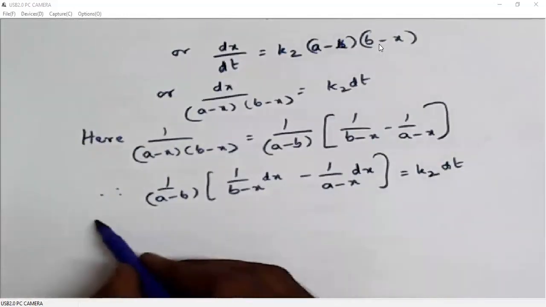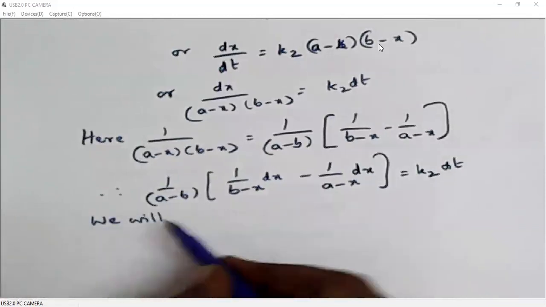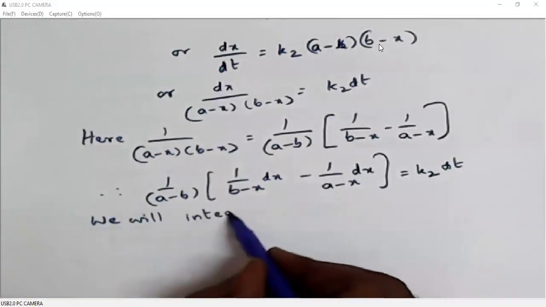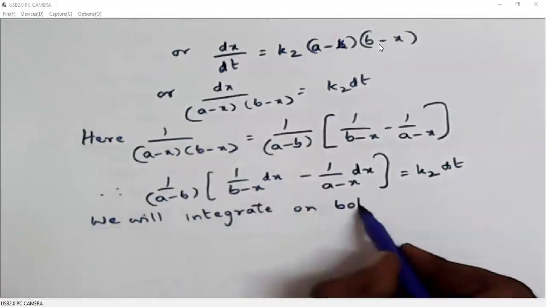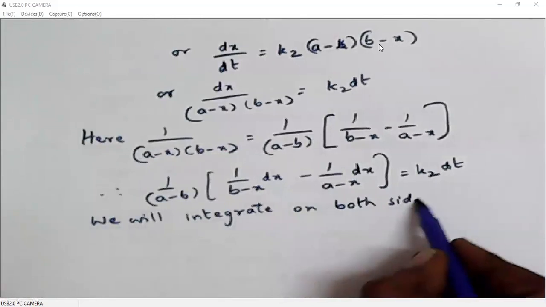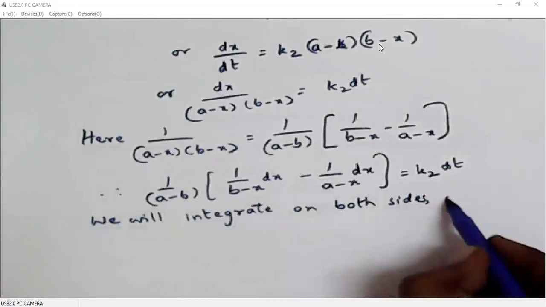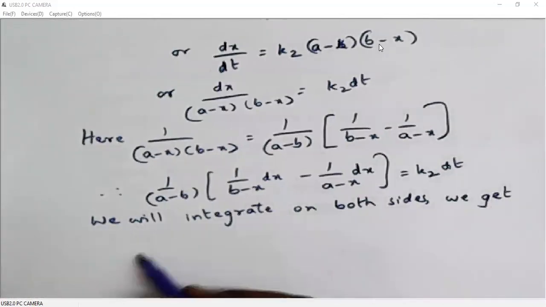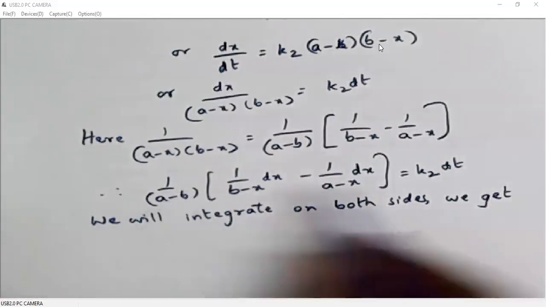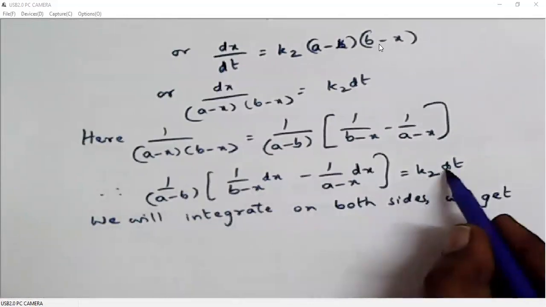Now we will integrate on both sides. What we will get, this A minus B also we will take to this side.